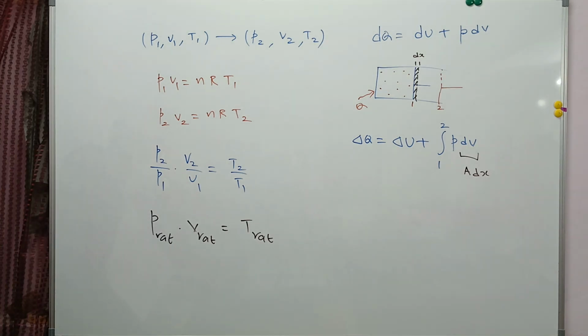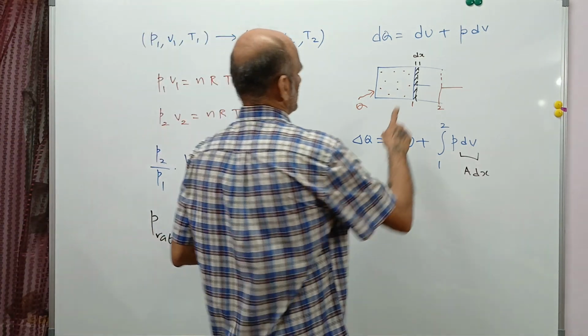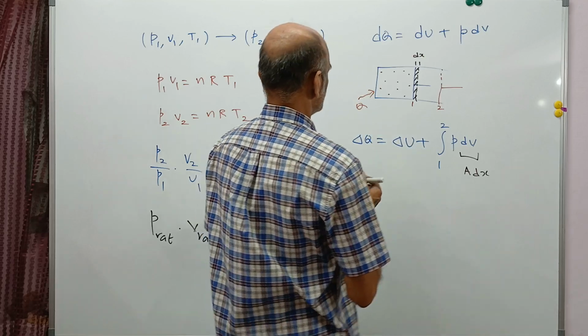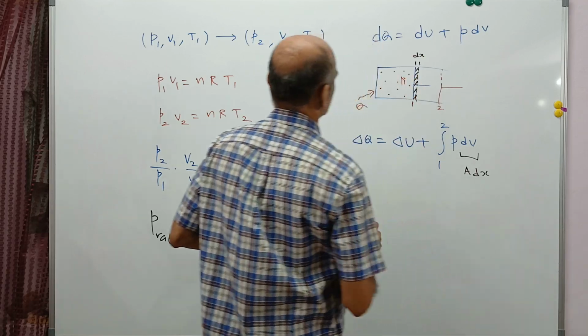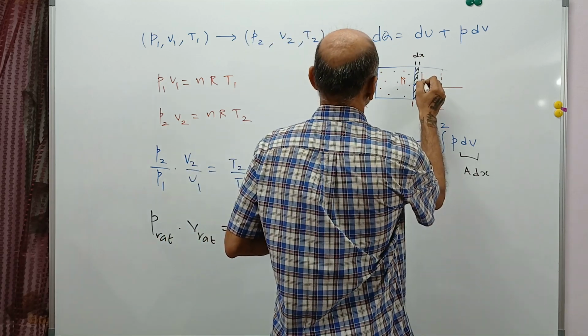Initially, let the piston be at rest with gas pressure P1 on the left side and atmospheric pressure on the right side.